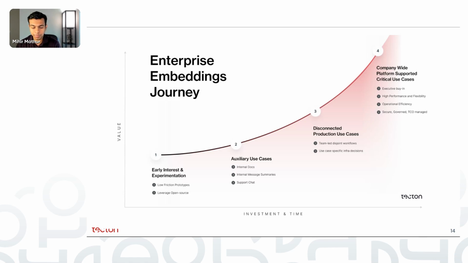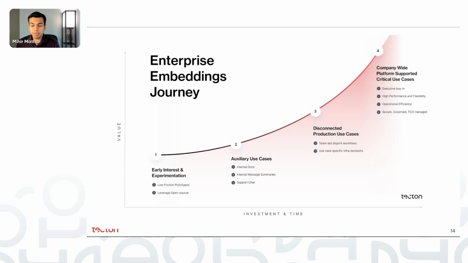A lot of companies, including Tecton, have extensive internal documentation on how to develop things, for HR queries, and for other support queries internally. And embeddings can really help with retrieval augmented generation use cases similar to Glean. And people are trying to build that on their own. So these use cases are internal but important.